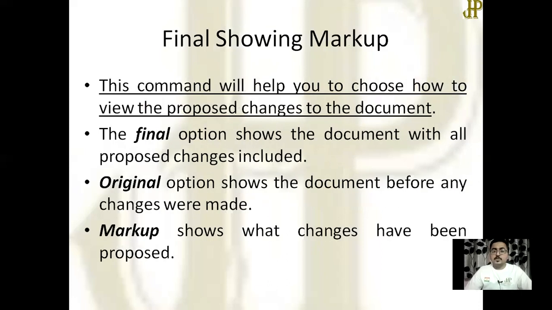Next one is Final Showing Markup. This command will help you choose how to view the proposed changes to the document. The changes or suggestions given by the reviewer, how they will look in the document, is done by Final Showing Markup.